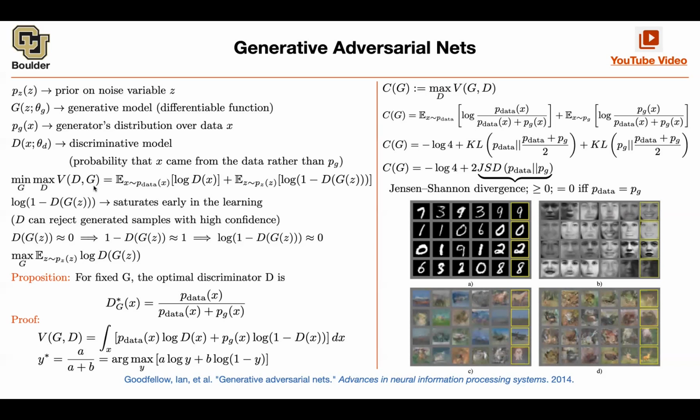And in the next few slides, we are going to go into a lot of details of why this is not the best objective function to work with, how you can improve upon it, and if you improve upon it, what type of divergence you are minimizing, what is going to change, how you are going to put restrictions on your discriminator and your generator, and modify their architecture so that they converge better.